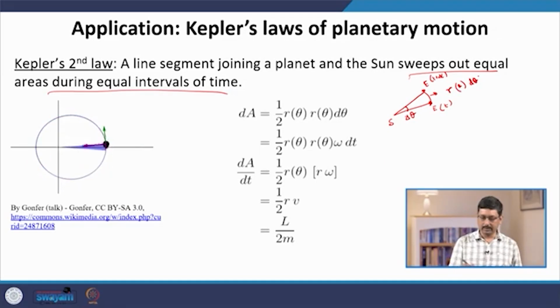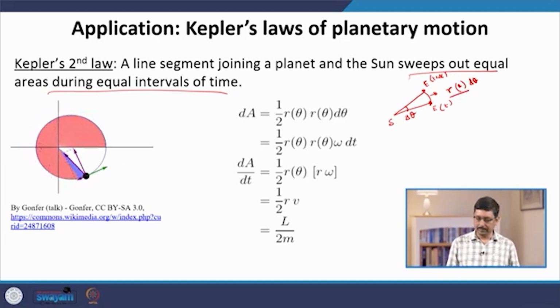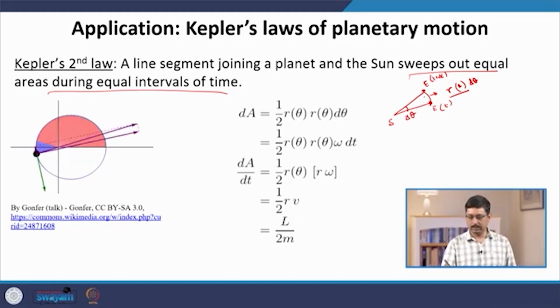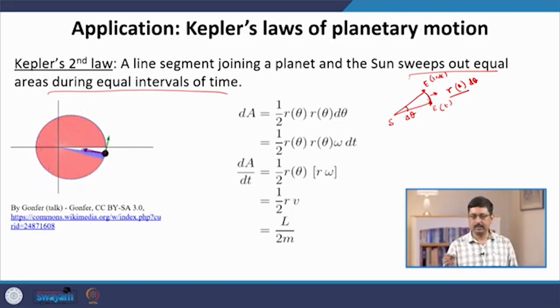In general the distance between sun and earth is different at different points, so r, the distance between sun and earth, is a function of theta. If delta theta is very small, we can approximate this arc as a straight line, so that this is approximately a triangle.